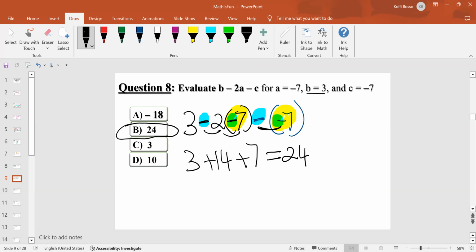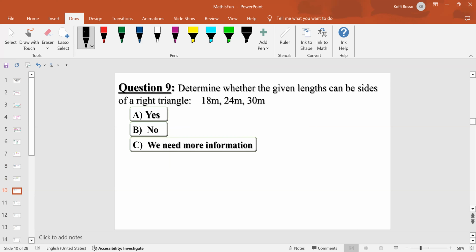The next question. Question number 9. They say determine whether the given length can be side of a right triangle. Okay, so a right triangle looks like this, and you have the right angle here.